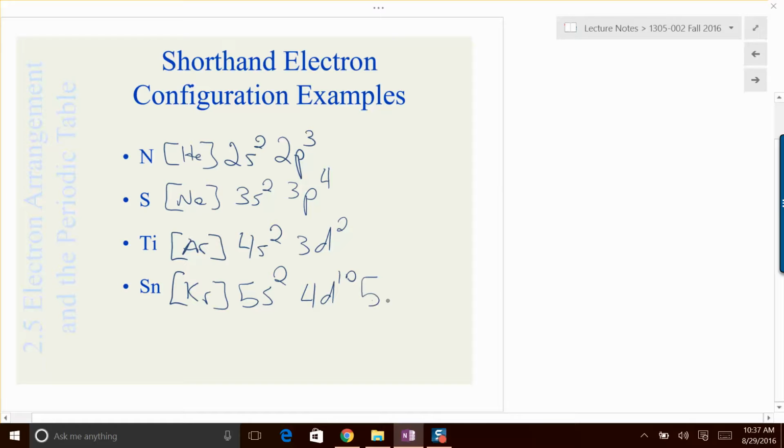Good. 5p2. That's its position. 5p2. Okay? See, once you understand how the periodic table works, how it's put together, writing an electron configuration is simply the process of reading your periodic table. The easiest thing that you could do. As long as I understand how this is set up, I can easily write an electron configuration for anything on here. Okay? Can easily do that.